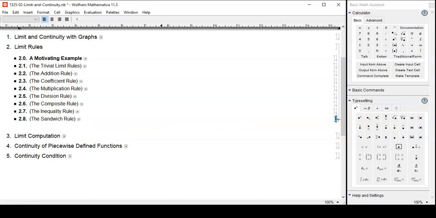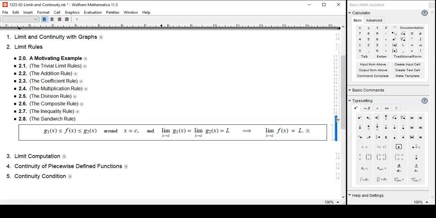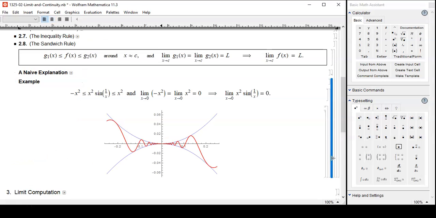Finally, the sandwich rule. Well, if my function is bounded by the upper and lower functions, and both the upper and lower functions go to the same limit, then sandwiched by those two, my main function must go to the same limit as well. And here's a visualization. Don't pay too much attention to the strict expression.